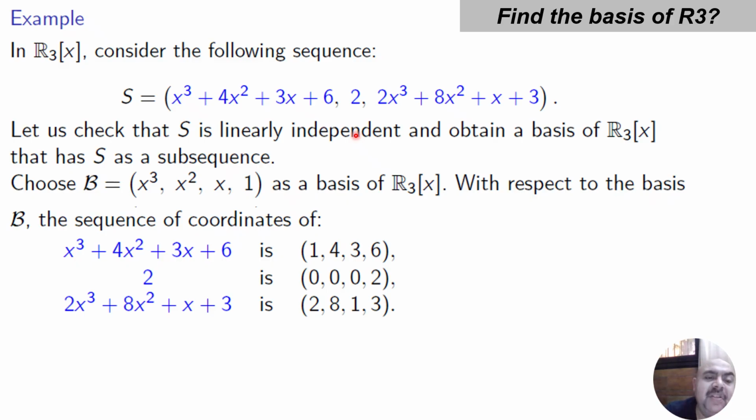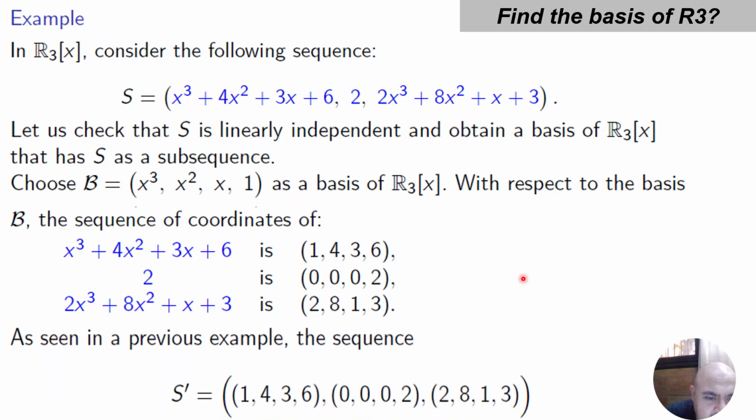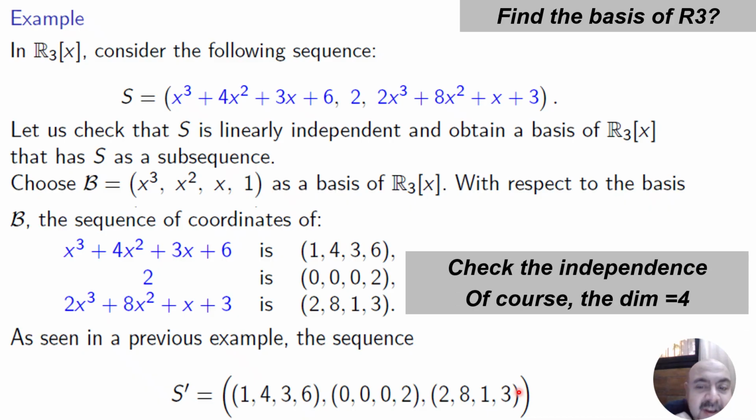Now I have the coordinates that are going to form this subvector space, which is simply the sequence like this: 1, 4, 3, 6, 0, 0, 0, 2, 2, 8, 1, 3. According to this set, I can now check the independence. Of course, I want you to remember that in order to generate a subvector space of R3 of X, I will need another vector in order to have four vectors.